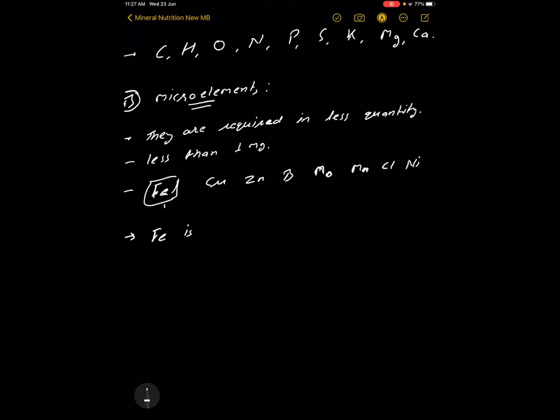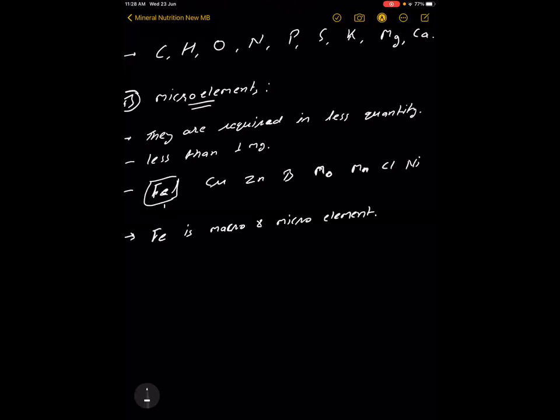Iron is both macro and micro element. Clear. So these are two categories of the elements.